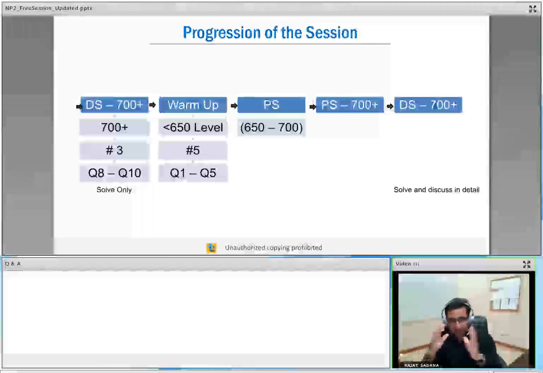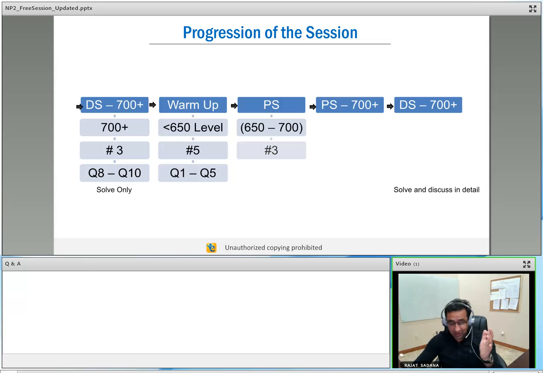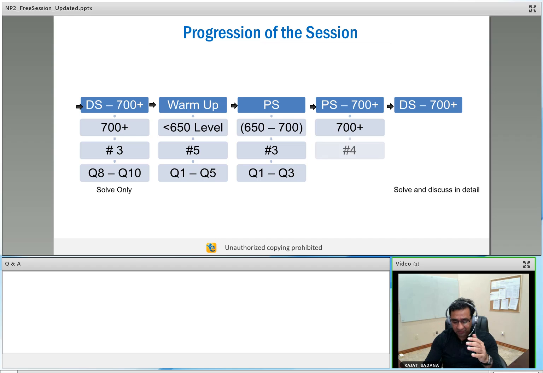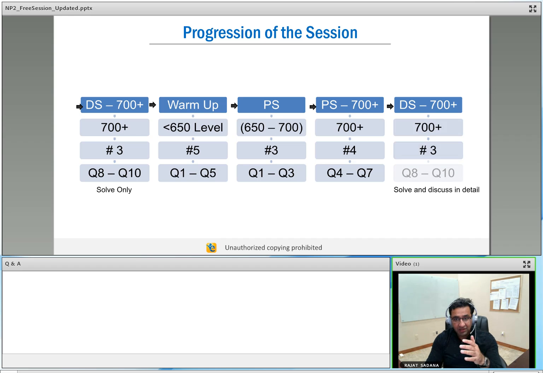Again, we're going to start applying these basics. The next level of warming up is what I call this part. 3 questions. Then we're going to go to 700 level problem solving questions. Going to solve about 4 questions here, and then come back to Q8 to Q10 once again.